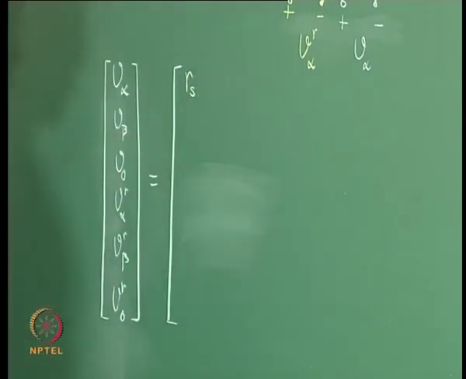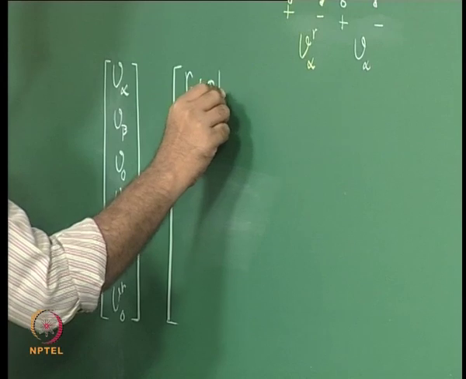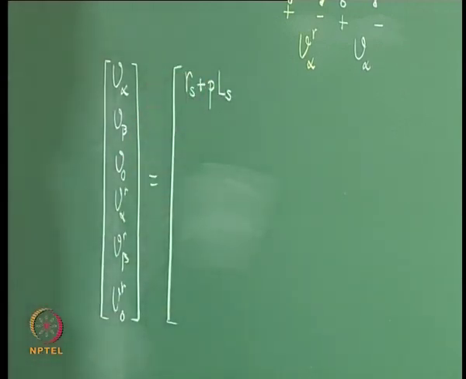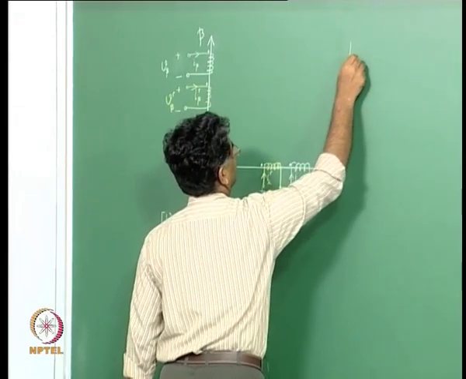And then we had this description as Rs, the stator resistance, plus P times Ls, where Ls is the self inductance, and we had an expression for the self inductance.